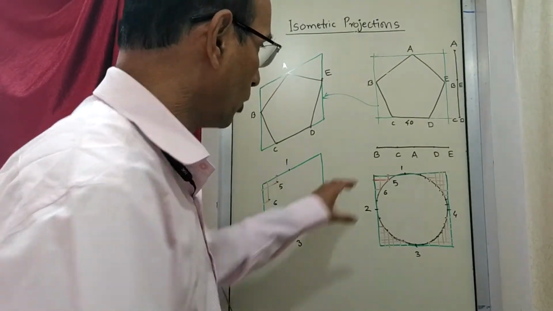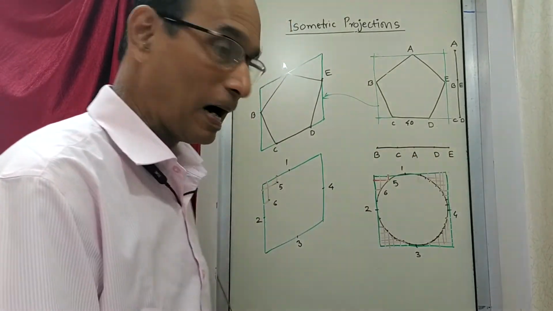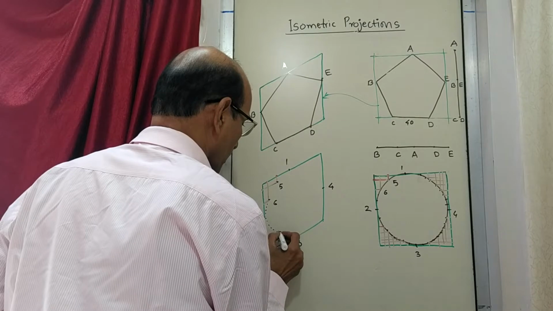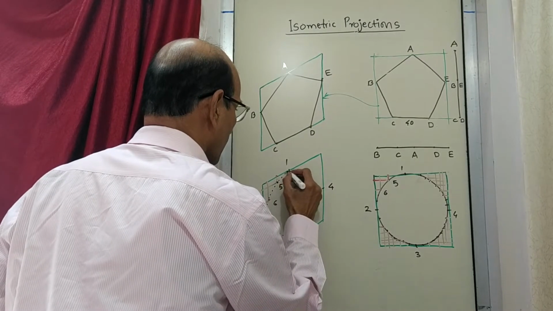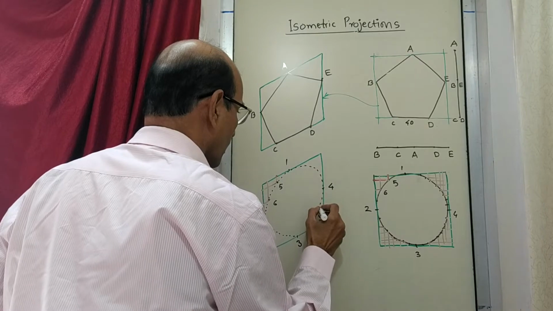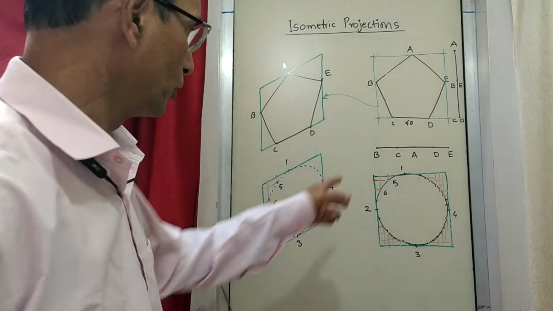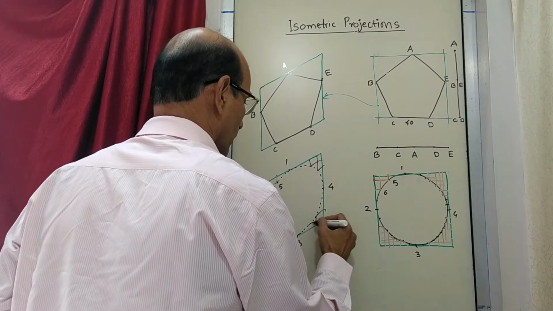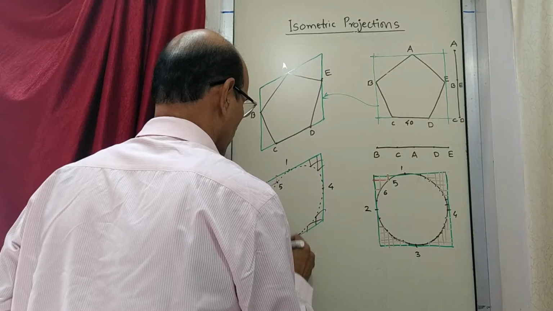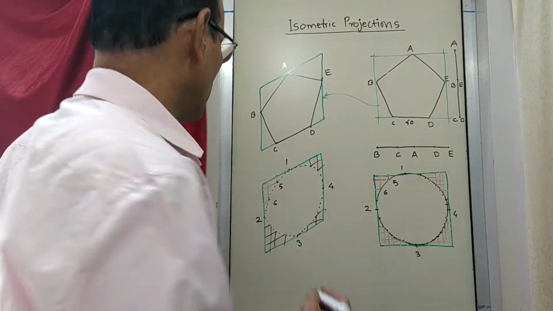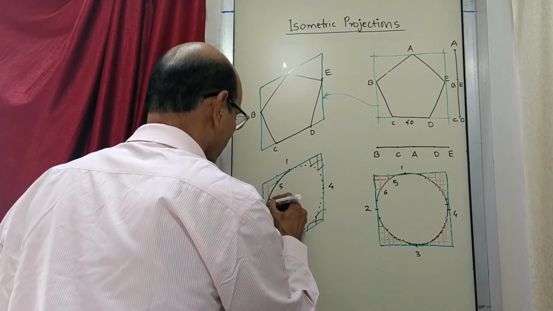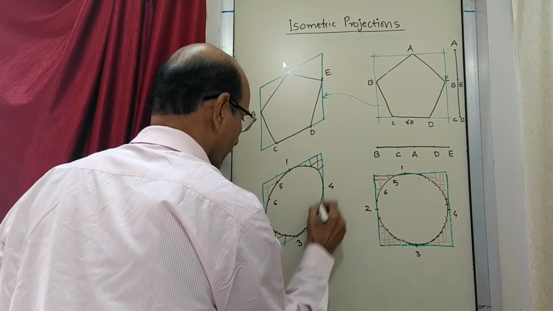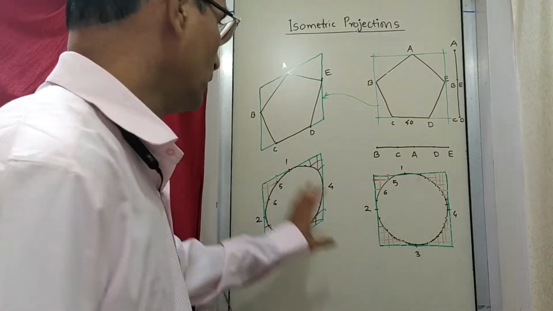If you go on doing all this, then you will be able to mark all the points here after some process. When you get all these points by the procedure, and now when you join these points, you will draw the circle.